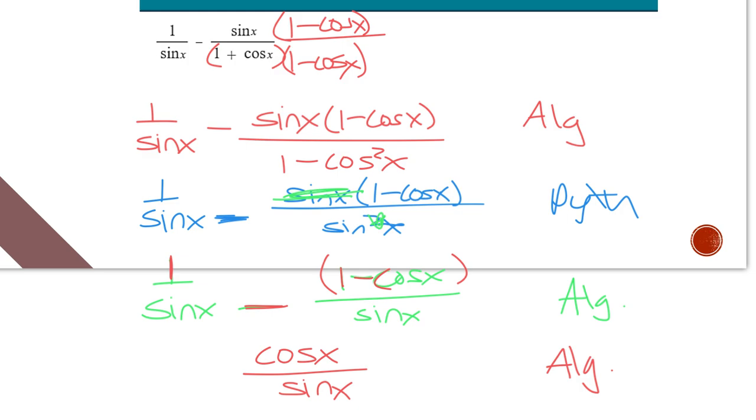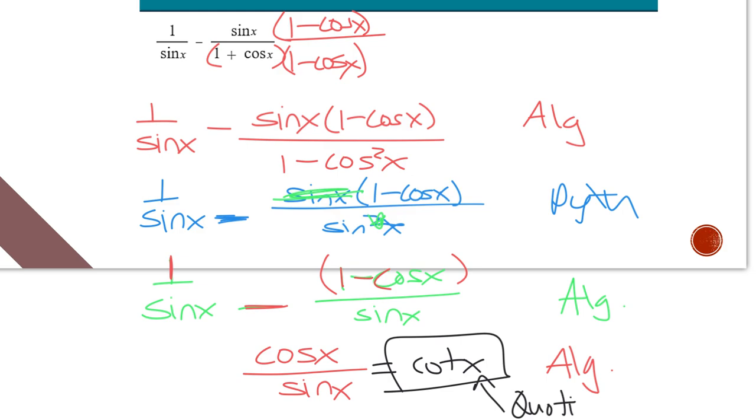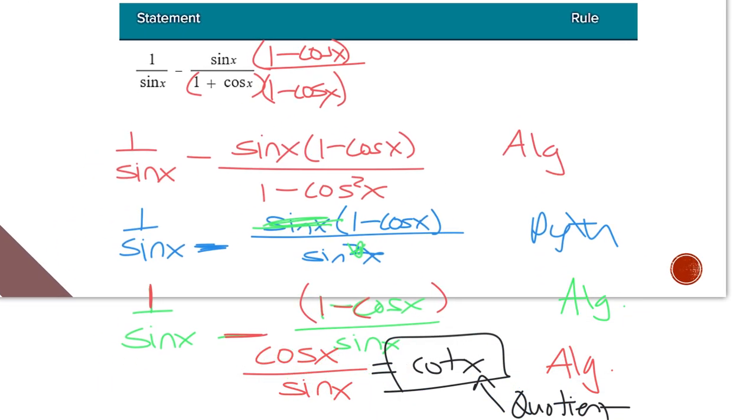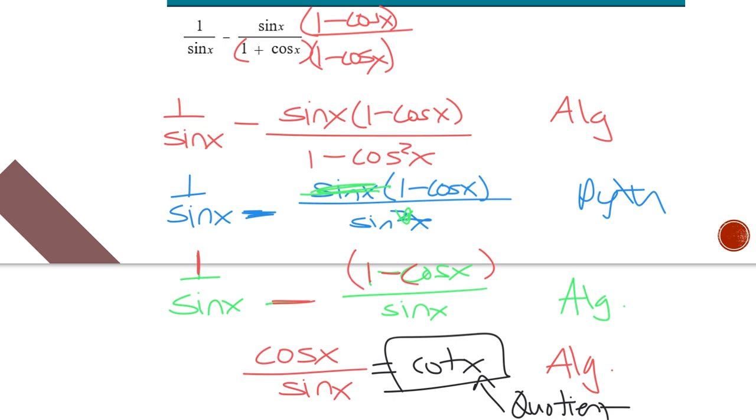Now, the nice thing about that is this is just equal to your cotangent of x, which is just using the last thing, your quotient identity, because cosine over sine is cotangent by that quotient identity. And that's what we're trying to get to. If you remember from before, we're trying to get to cotangent. So that would be our final answer.